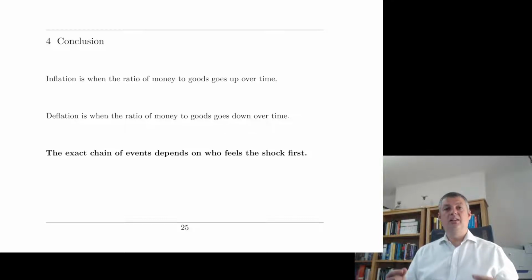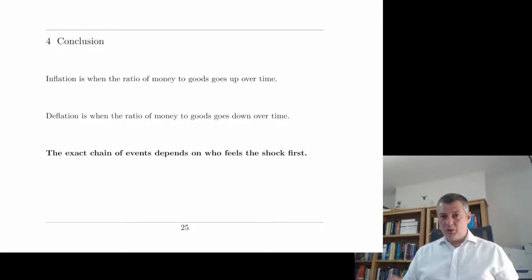Deflation, on the other hand, is when the ratio of money to goods in our economy, in our market, goes down, because the resulting market pressures will encourage market participants to lower prices or to offer more goods for the same prices.